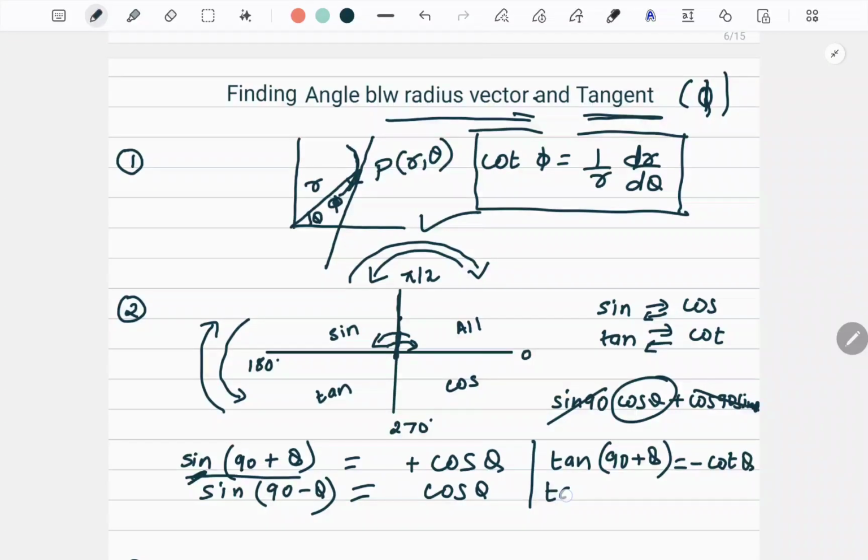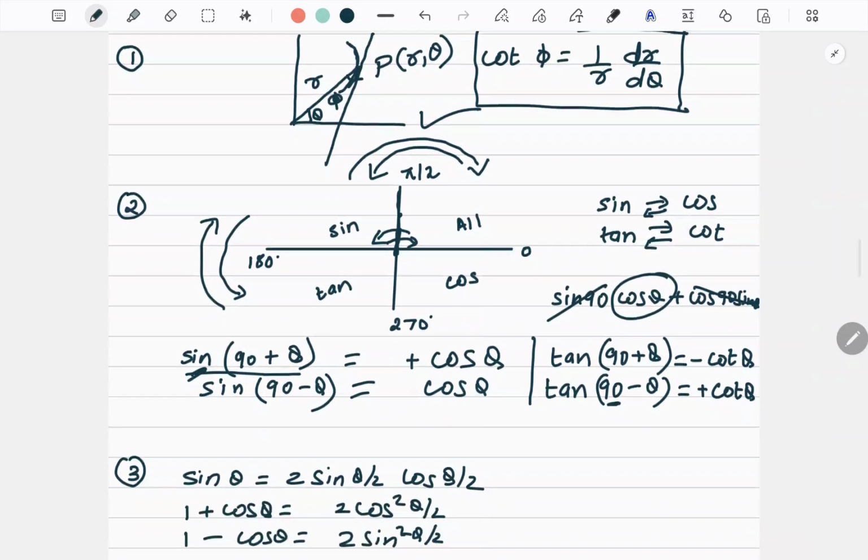Okay. Now if I do tan of 90 minus theta, because I am crossing 90, it will become cot for sure. But I am going to the first quadrant where all trigonometric functions are positive, so this will remain positive.